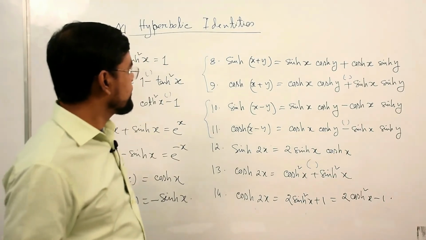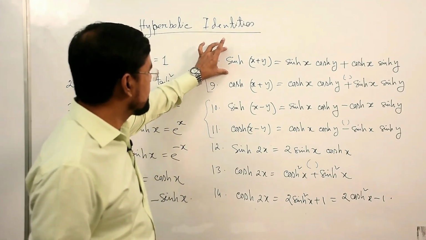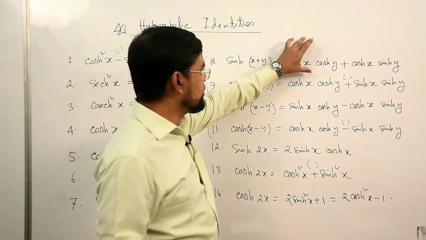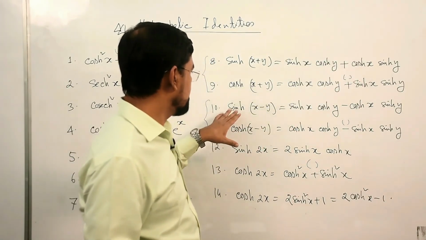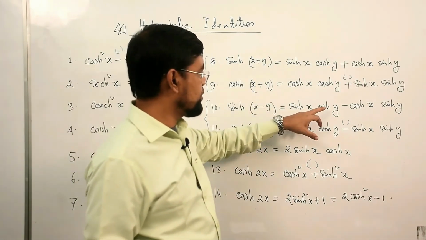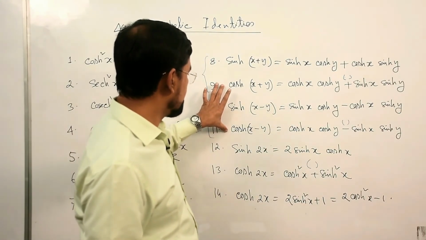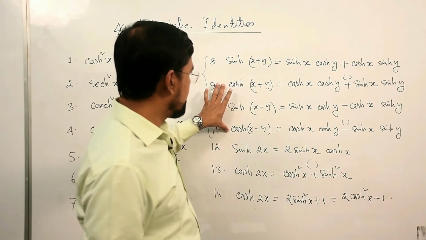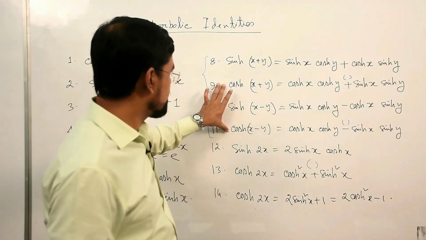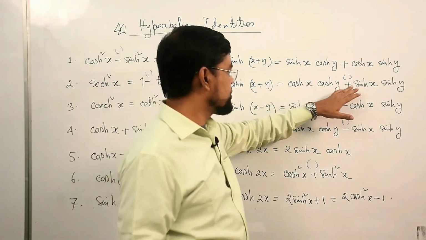In the case of sine, you have sine cos, cos sine. But in the case of cosh, there is no mix: cos cos, sine sine.